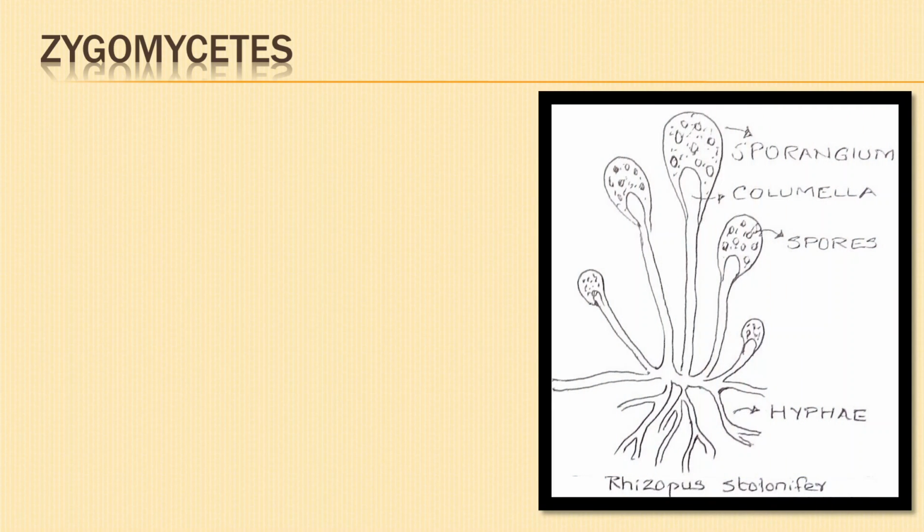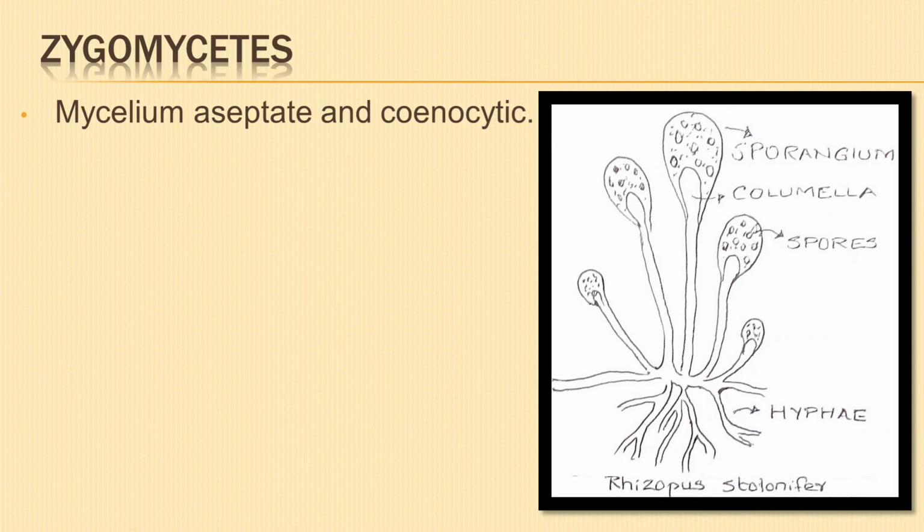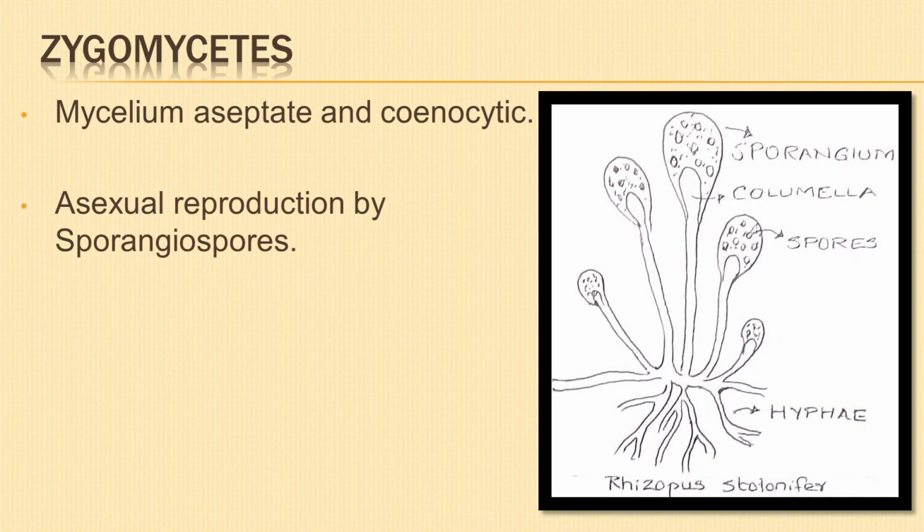Next group is the Zygomycetes, otherwise known as conjugation fungi. The mycelium is aseptate and cenocytic. Asexual reproduction takes place by non-motile sporangiospores inside the sporangia.